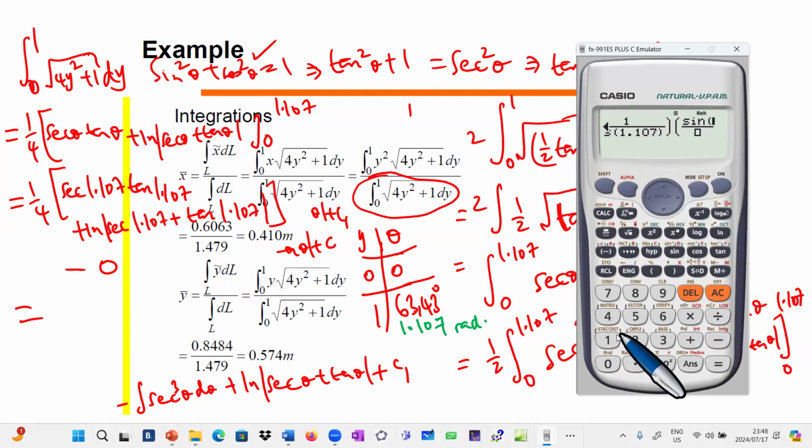Okay, the calculator is in radians, just set it that way now. All right, so the sine is 1.107, and then we have the cosine, 1.107.